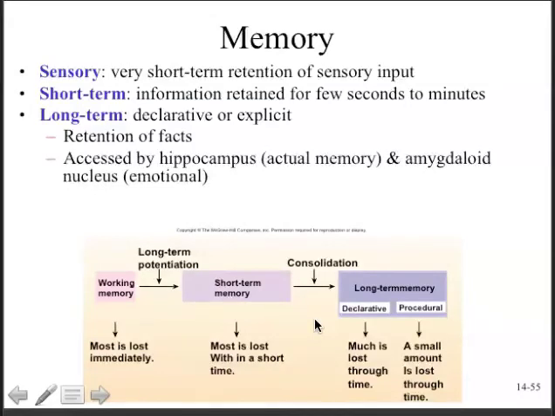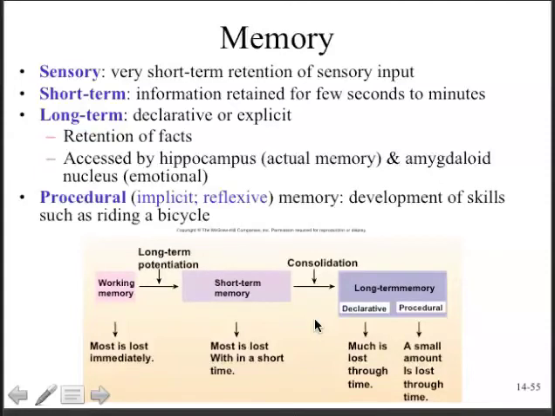It's thought to be accessed by the hippocampus, which is where our actual memory relies, and the amygdaloid nucleus, where our emotional memory lies. Procedural memory is the development of skills such as riding a bicycle, and it's termed implicit or reflexive. Now, the interesting thing about these different forms of memory is that this information moves from one physical location in the brain to another.